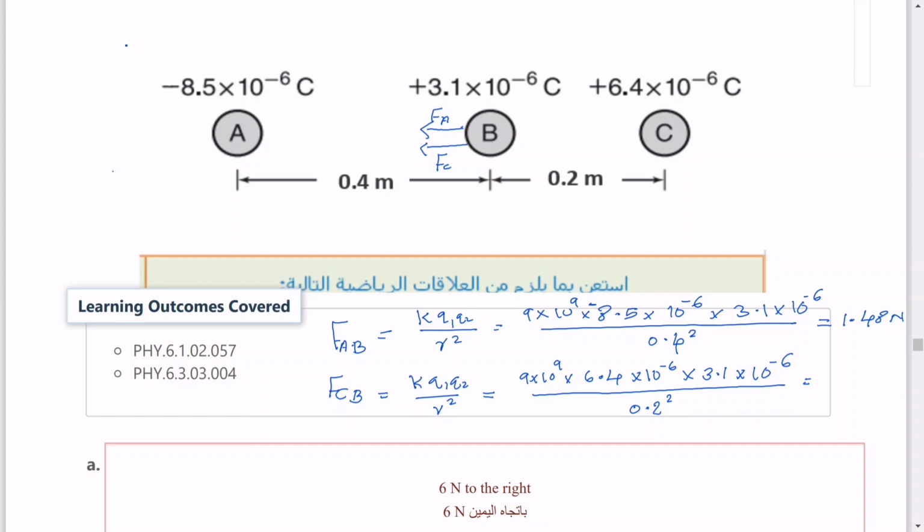Nine times 10 to the power 9 multiplied 6.4 times 10 to the power negative 6 times 3.1 times 10 to the power negative 6 over 0.2 squared equals 4.46.